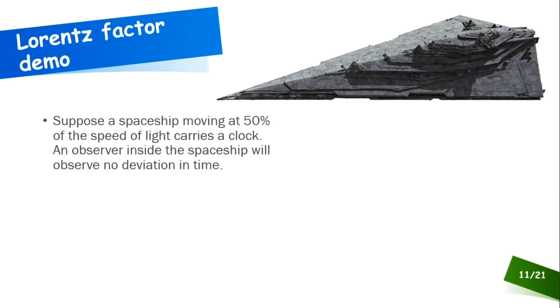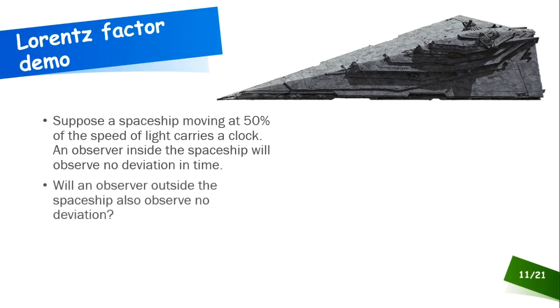Let's demonstrate how to run a calculation with the Lorentz factor. Suppose we have a spaceship moving at 50% of the speed of light, and there's a clock aboard the spaceship. So an observer inside the spaceship will not observe any deviation in time because the motion of the observer relative to the clock is pretty small compared with the speed of light.